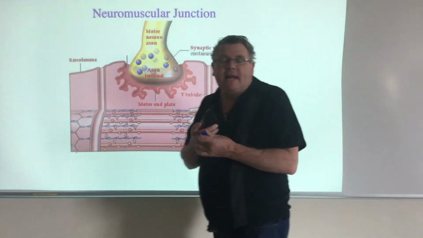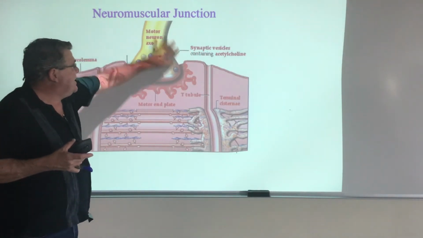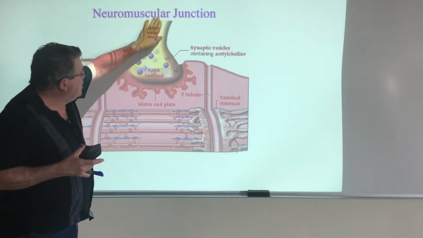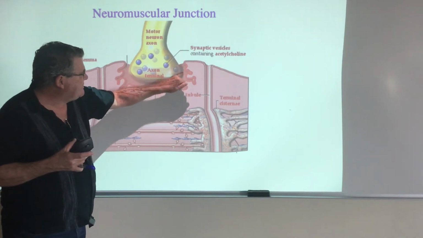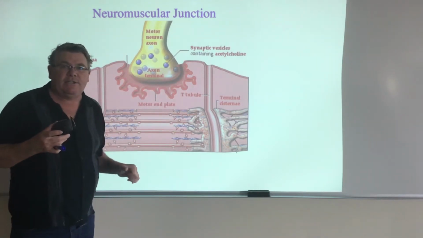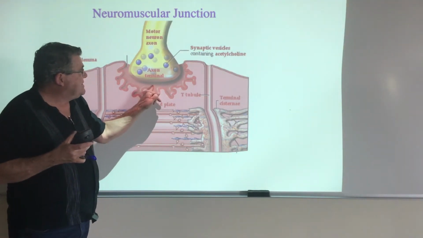Here's what this actually looks like when you get right down to the end. Here's that end bulb. So here's our motor neuron coming down. And if you look, there's this gap, this cleft. They don't actually touch. There's this little thing called a synapse in between.